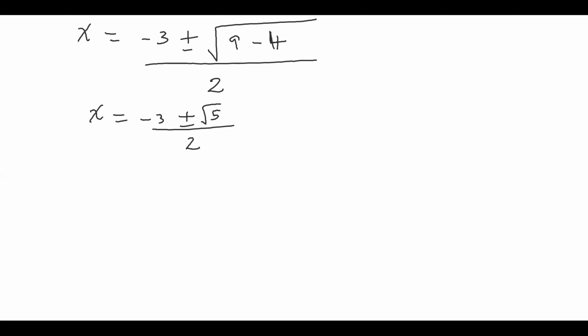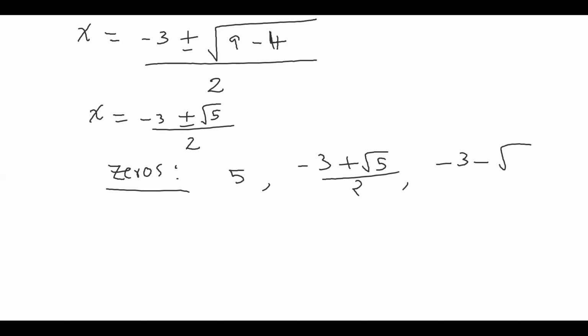So the zeros are 5, and -3 plus square root of 5 over 2, and -3 minus square root of 5 over 2, and their multiplicities. Everything comes only once, so this is 1, this is 1, and this is 1.